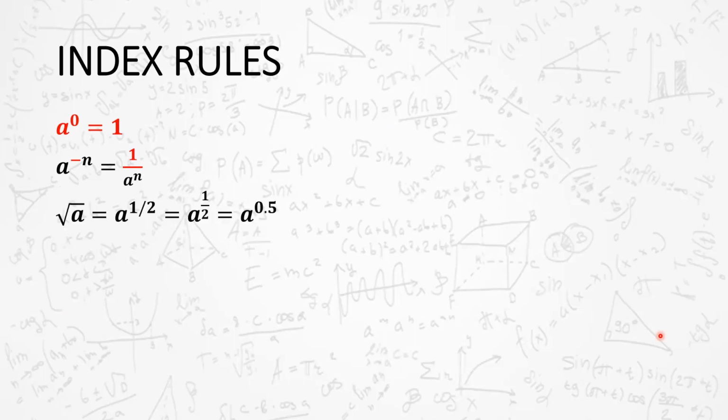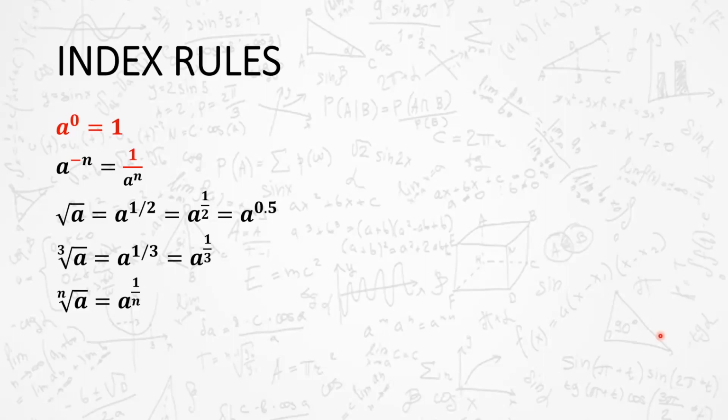Square root a equals a to the power half, same as a to the power 0.5. Cube root of a equals a to the power a third. To generalize the term, the nth root of a equals a to the power 1 over n.